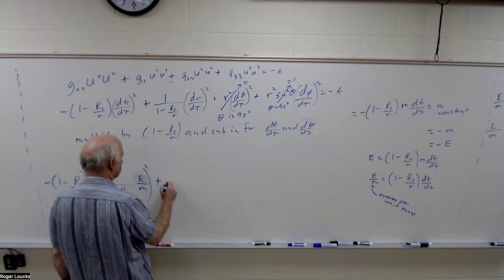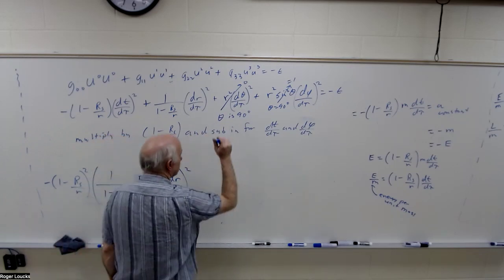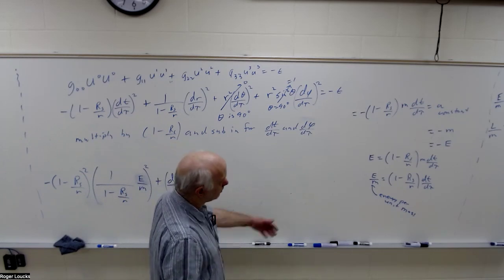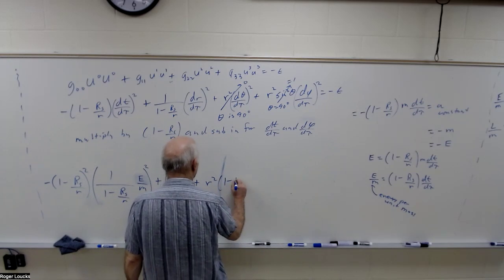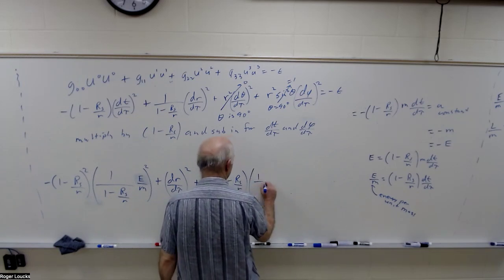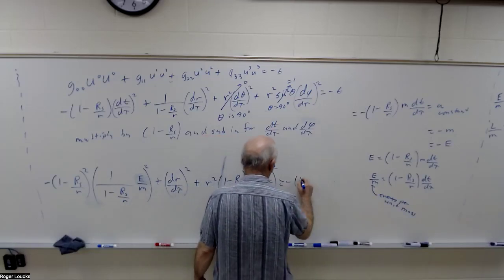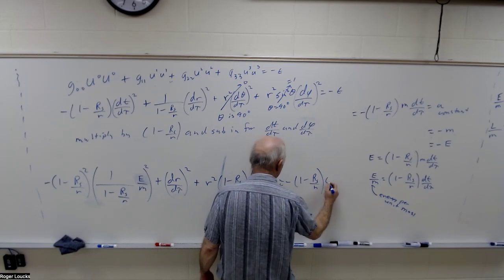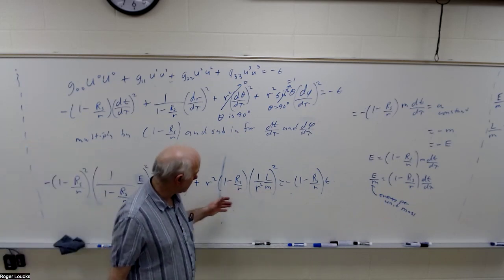Plus, I multiply through by this factor, so that one is killed. This term gets multiplied by the 1 minus Rs over r, and this one over here gets multiplied by 1 minus Rs over r as well. So this factor here cancels that factor here, and I'm going to take this factor to the other side.